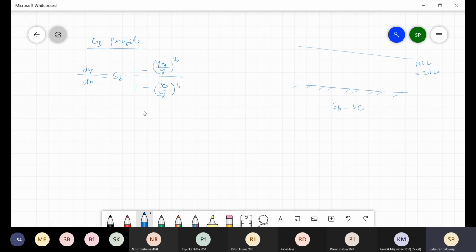Now tell me whether dy by dx is positive or negative. Here y is less than yc, yn. Then it will be positive or negative? Positive, sir. So rising profile.